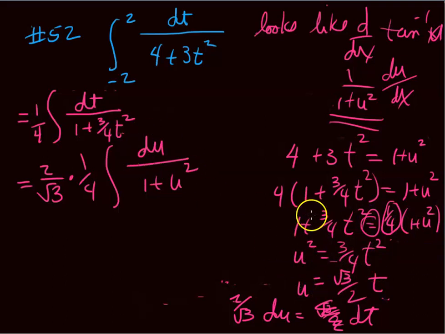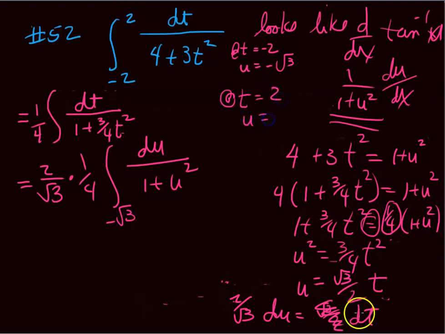Now, also, if t is equal to -2, then u with a -2 here is a negative square root of 3. And at t equals 2, then u is equal to positive square root of 3.